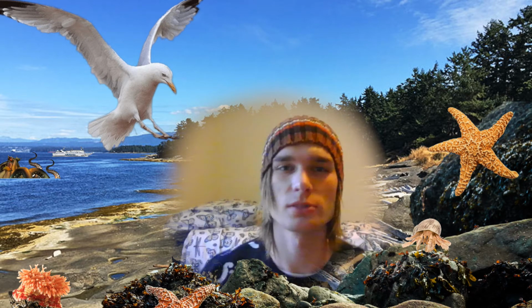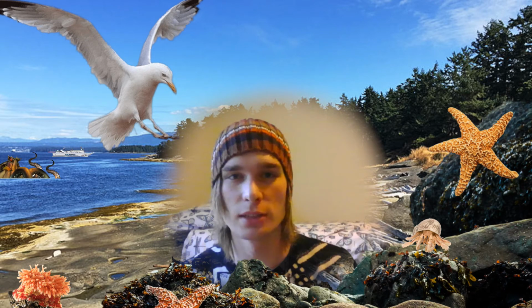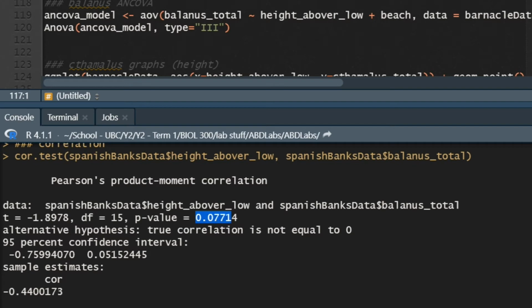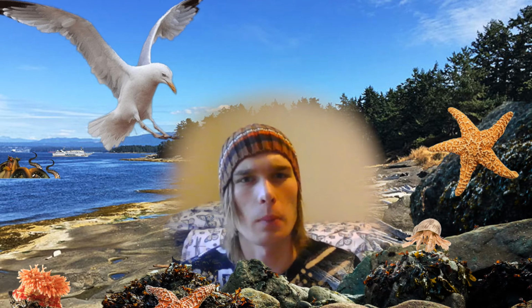Alternatively, if we do not have the statistical power to reject a null hypothesis, such as in the data that I collected for Spanish Banks between height and balanced counts, as you can see, I got a p-value of 0.077, which is 7.7%, which is not low enough to reject the null hypothesis.